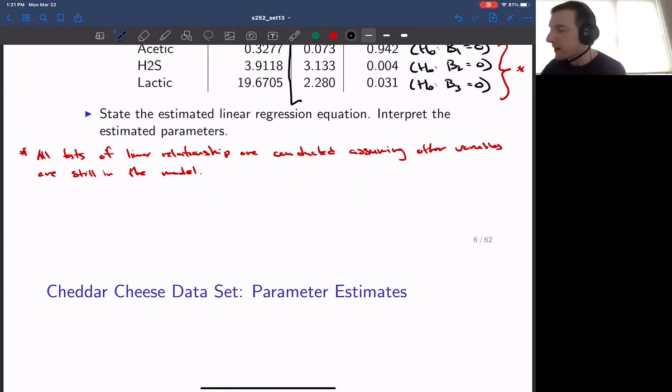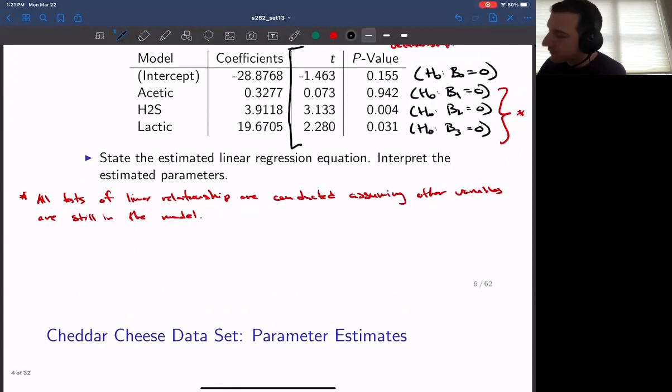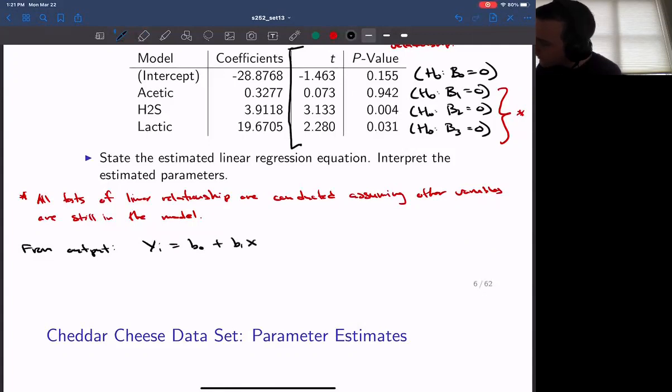First, if we wanted to actually utilize the information above, we would have the following. From the output, we have y_i is equal to b0 plus b1 x1i plus b2 x2i plus b3 x3i.